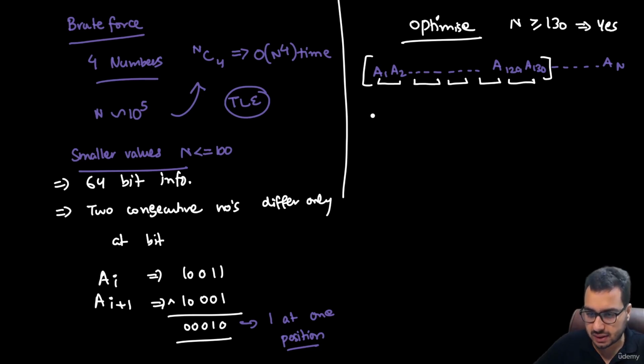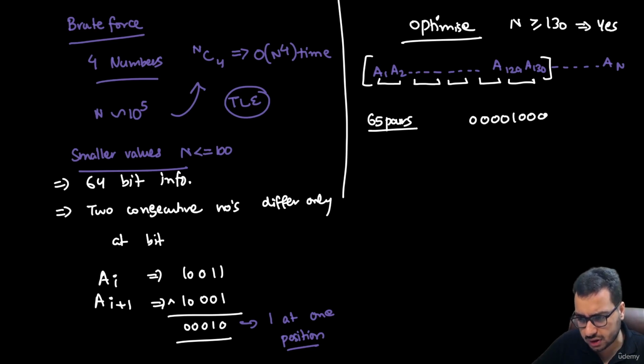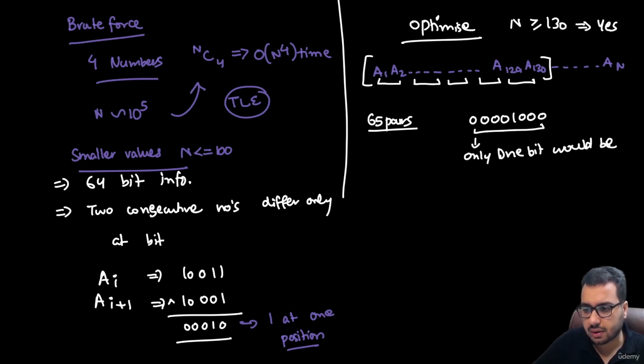You're going to get 65 pairs, and in each pair you will have a number in which only one bit would be set, because of the property that we have just seen: if we do a XOR of two consecutive numbers, we get a number in which only one bit is set.